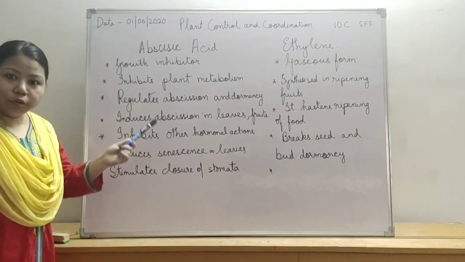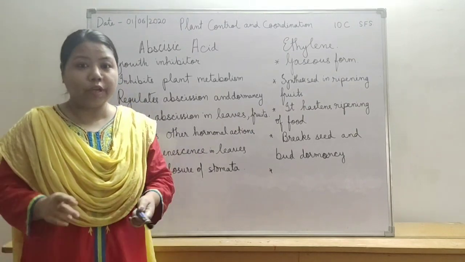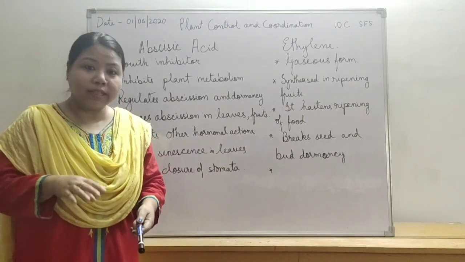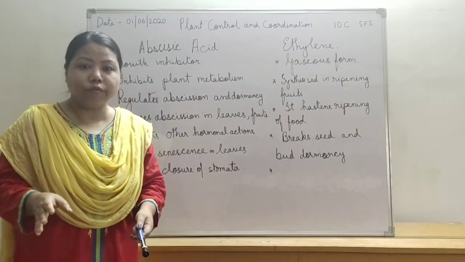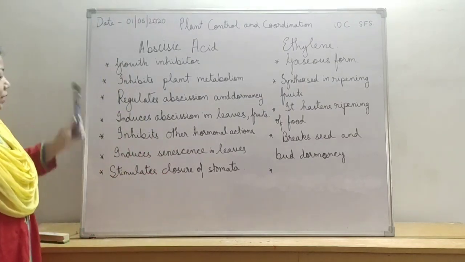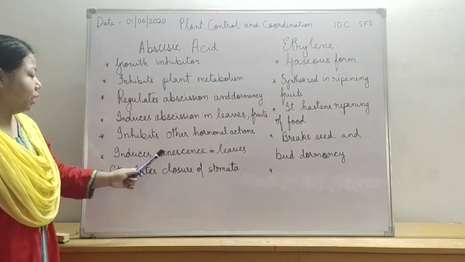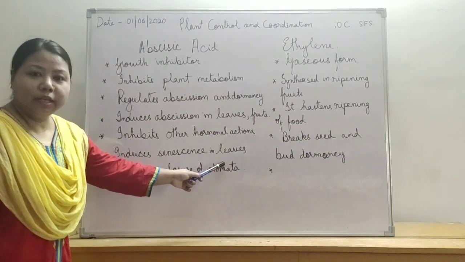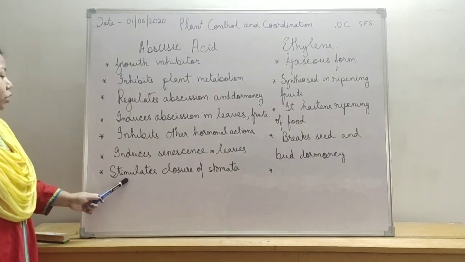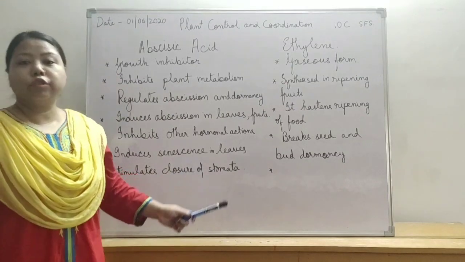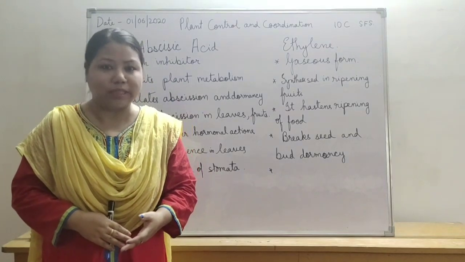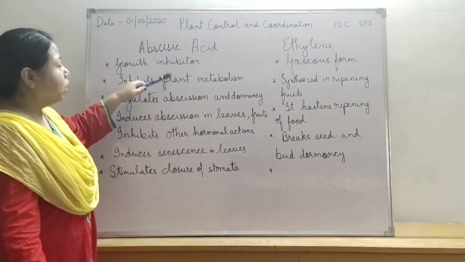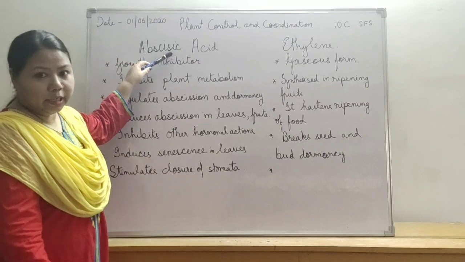That means the growth hormones prevent or delay senescence, meaning aging, in leaves and the other parts of the plant, but abscisic acid will induce senescence in leaves. Then it also stimulates the closure of stomata so that transpiration cannot take place. Fine. So this hormone is a growth inhibitor.